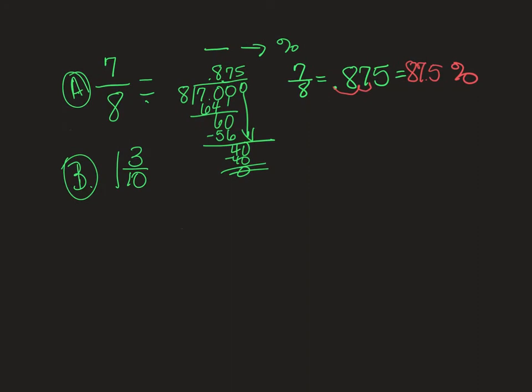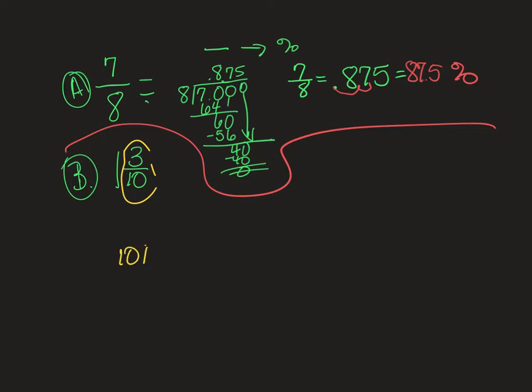Okay? Let's do another one. All right, so we're going to do 1 3/10. And again, what we have to do here is we have to change the fractional part to a decimal, okay? So 10 divided into 3, we have to annex here, which is 0.3. There we have it.